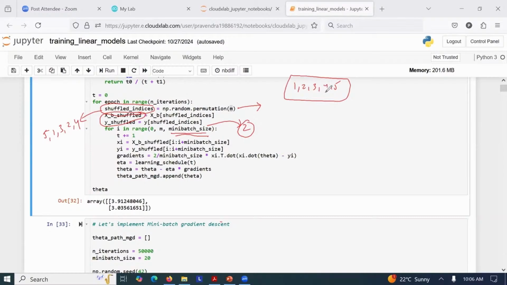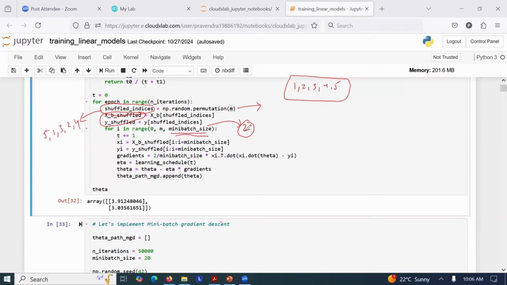If you compute gradient using 1 data point at a time, that method is called stochastic gradient descent. If you compute gradient using a subset of data points, that method is called mini batch gradient descent, right? So if mini batch size is 2, every time we will randomly select 2 data points from these 5 data points to compute the gradient, right?